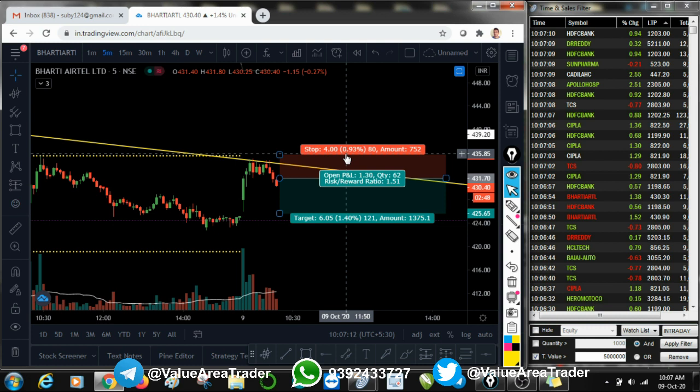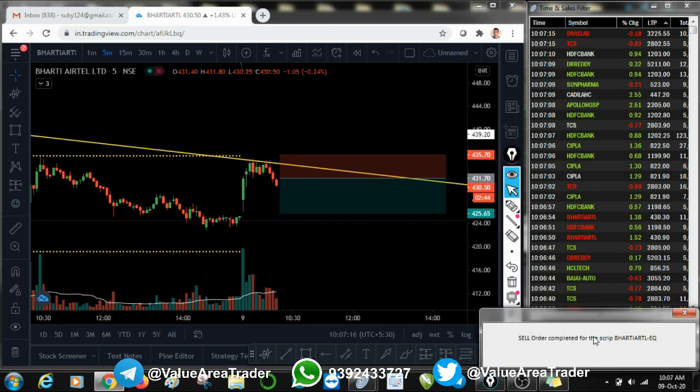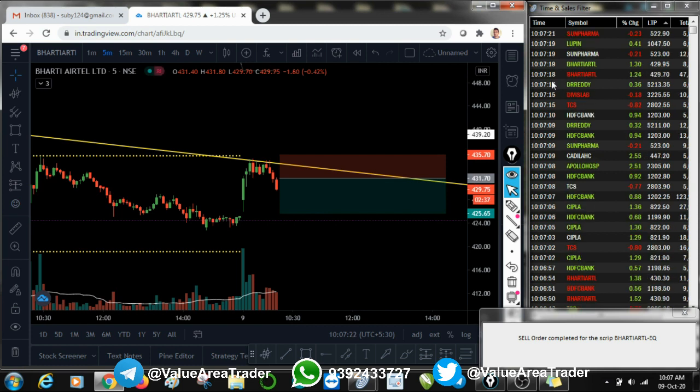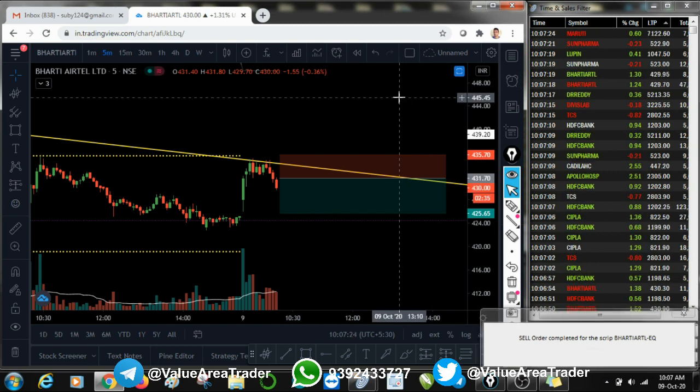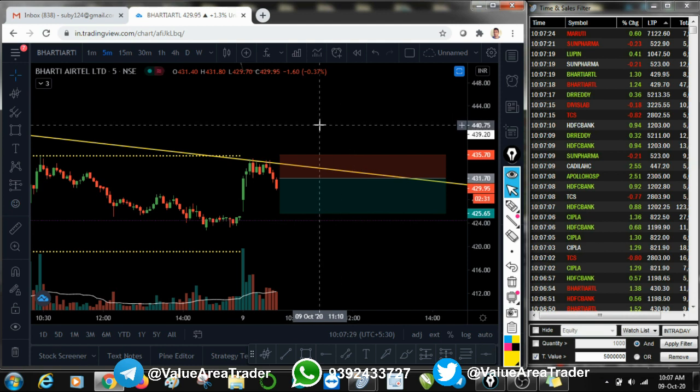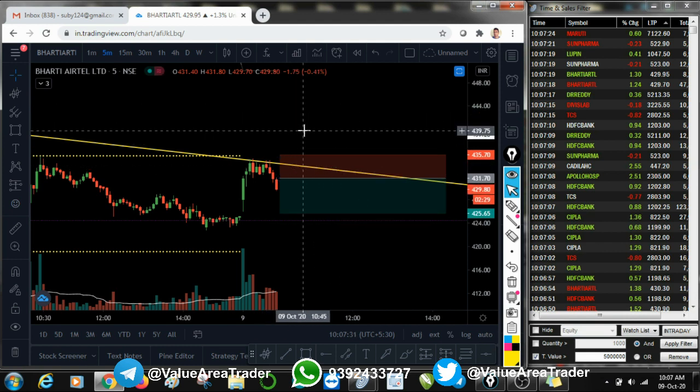As you can see, the sell order for Bharti Airtel is already complete. Let's see what happens. Nifty is looking slightly bullish, as I'm seeing the Nifty chart from my mobile. Initially it was going down, but now it is again gaining up.